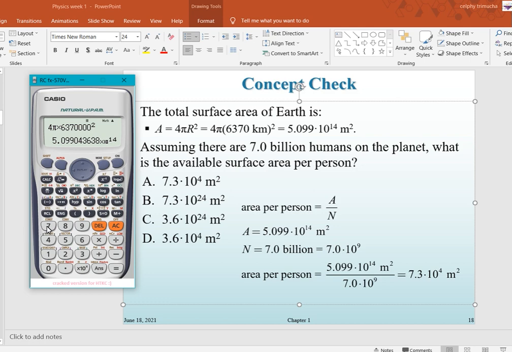That will be equal to 7 times 10 raised to the 4, so our answer is 7.2 something. That will be 7.3 times 10 raised to the power of 4.